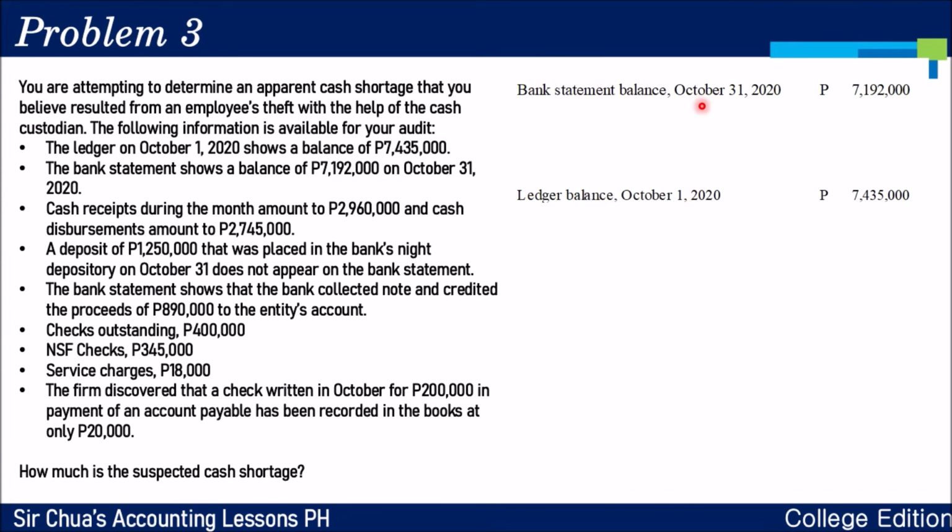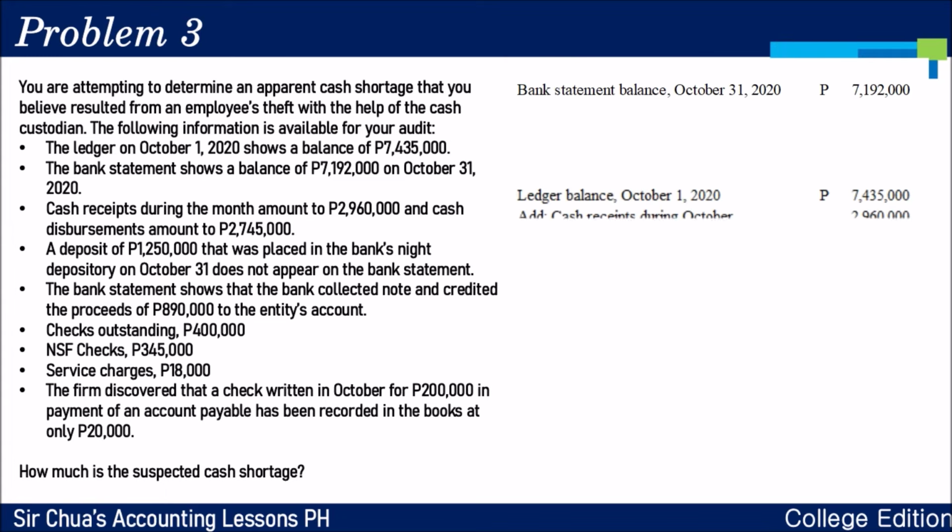Check natin yung next bullet, baka mabigyan po tayo ng information kung paano kunin yung ledger balance ng October 31. Meron nga. Okay? Cash receipts during the month amount to 2,960,000 and cash disbursements amount to 2,745,000. Okay?